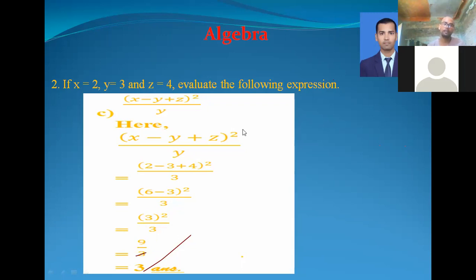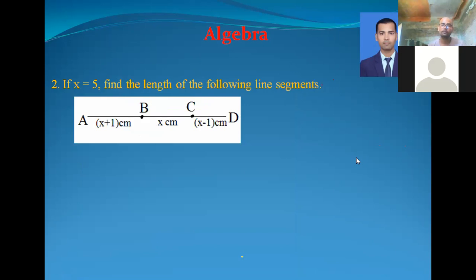Similarly, let's talk about another question, and we have here, if x is equal to 5, find the length of the following line segments. If we are given questions like this, you can see here the length from A to B is x plus 1 centimeter. The same way B to C is x centimeter, and C to D is x minus 1 centimeter.